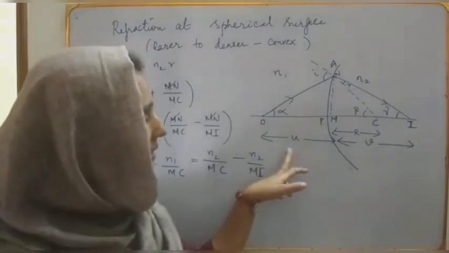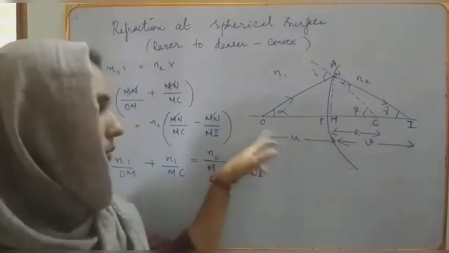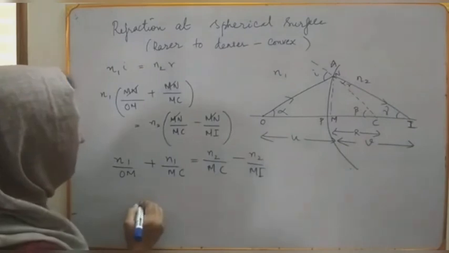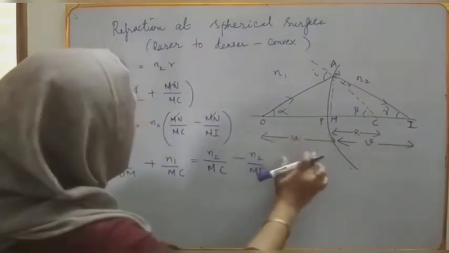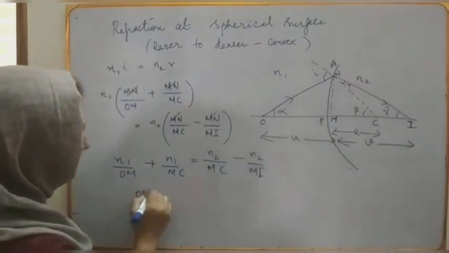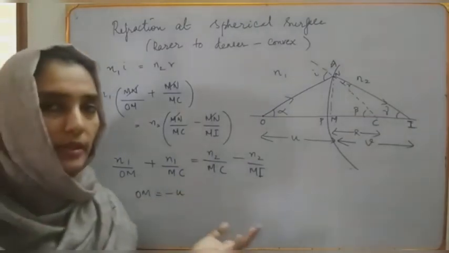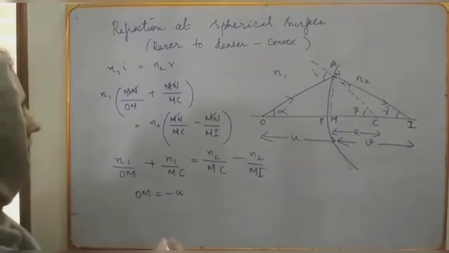So in this case, from P to O, U should be negative according to sign convention. So you can apply the sign convention. What is OM? OM is U, but OM is negative U by sign convention. I am not writing by applying sign convention. Detailed notes are there with you in your hand.